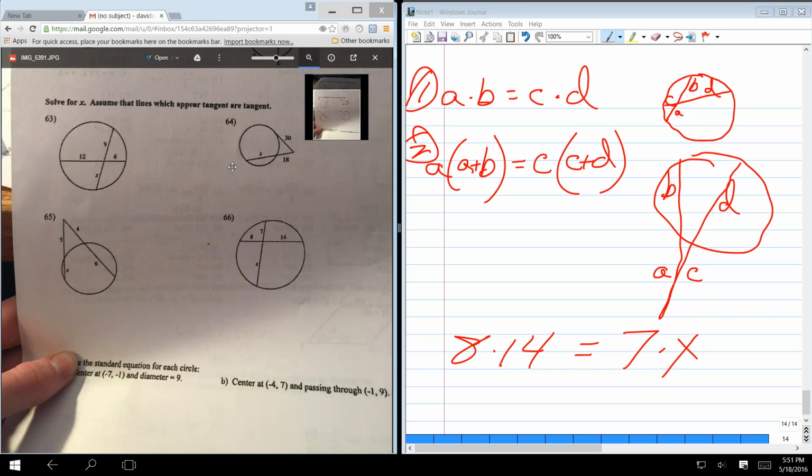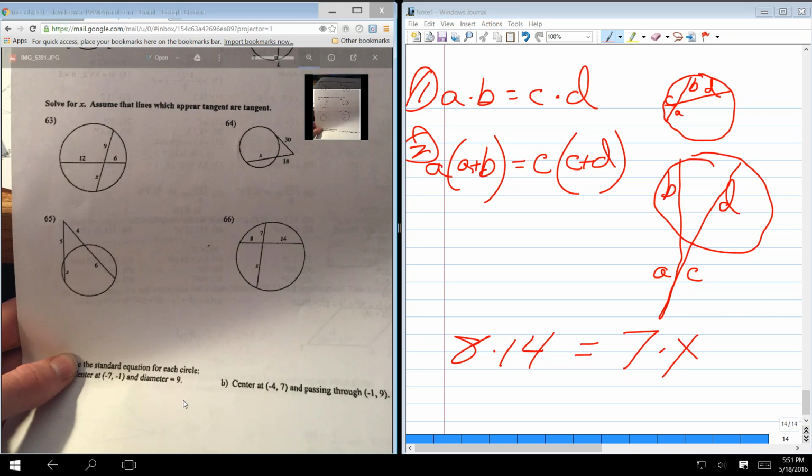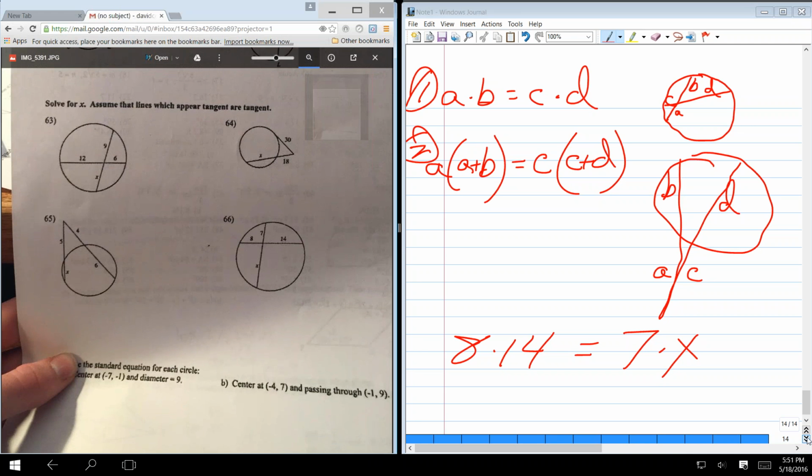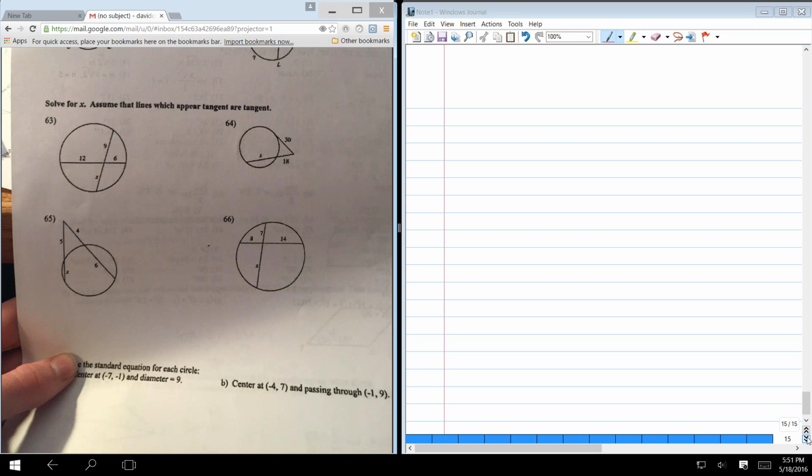How about these problems at the bottom here? The standard equation for a circle. Let's make sure you have that. What's the general equation? Here, draw a tiny little circle. You don't need much of a circle for this, but here's the general equation. And this is what needs to go on your note card.